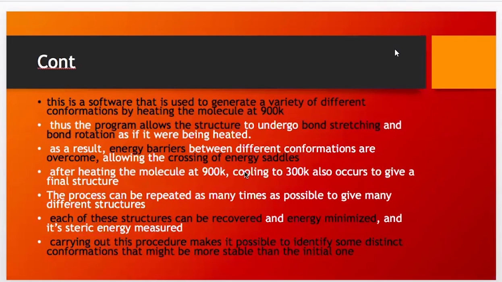After you've exposed this molecule to 900 K, you need to allow it to cool to about 300 K. After you have cooled that compound, that's when you can have the final structure. At that time, we believe you would have overcome the energy saddle, hence obtained the most stable conformation of your molecule or compound.